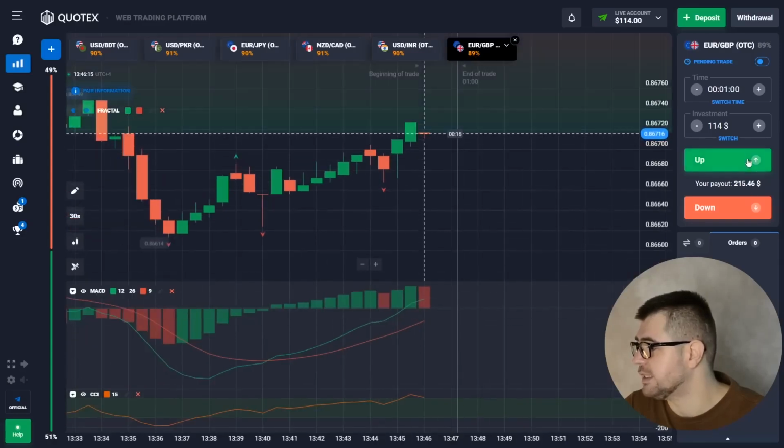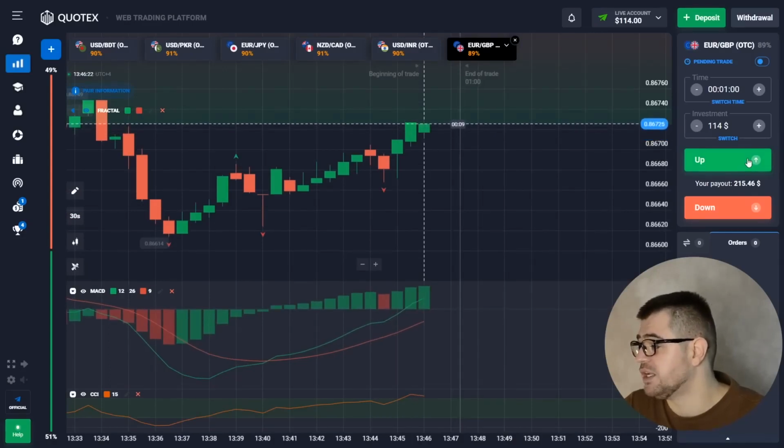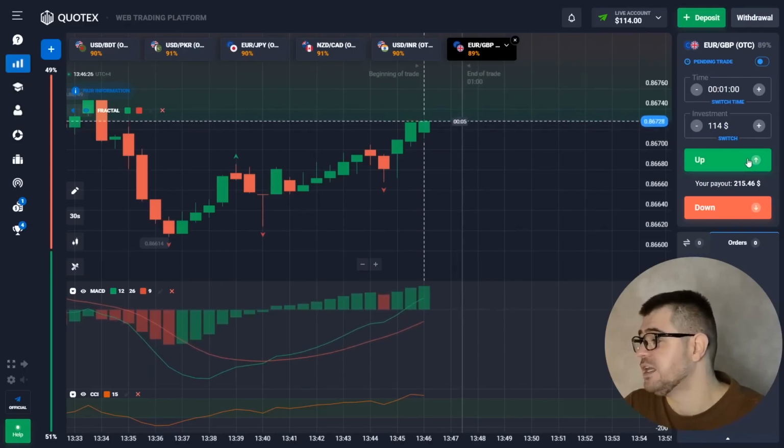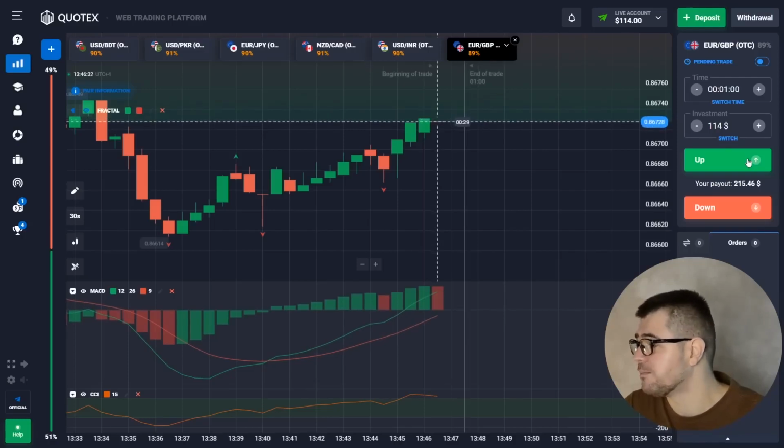How about this? Okay, so this one here I gotta look at for the trend. So the trend is a bullish trend and we have a MACD, both of them looking up.